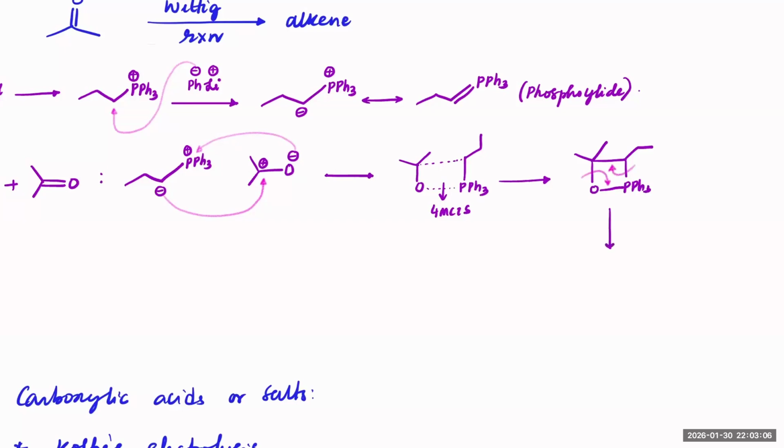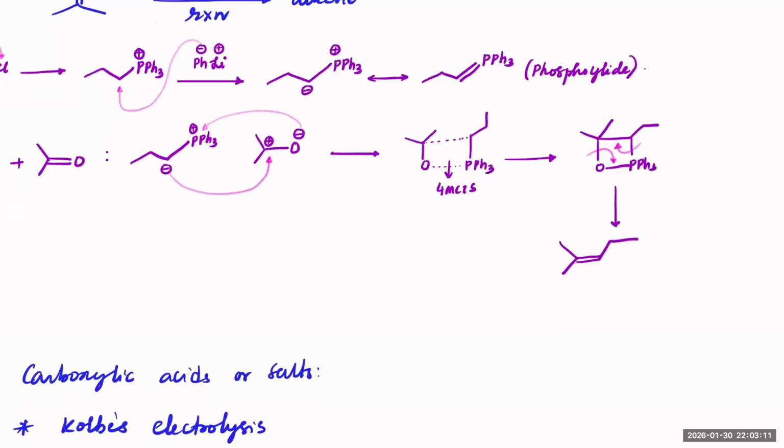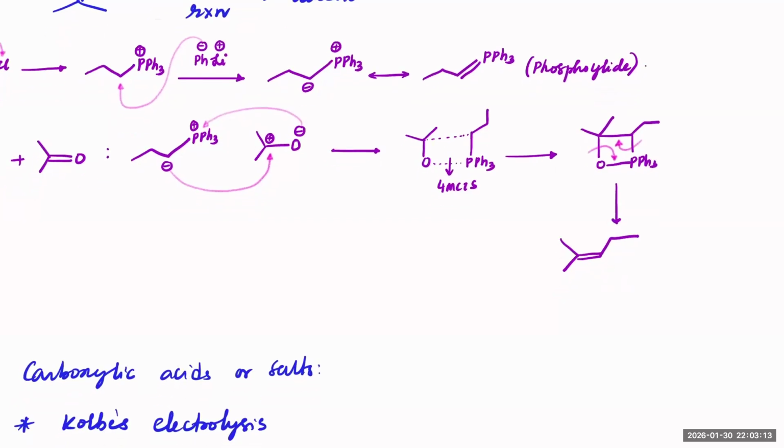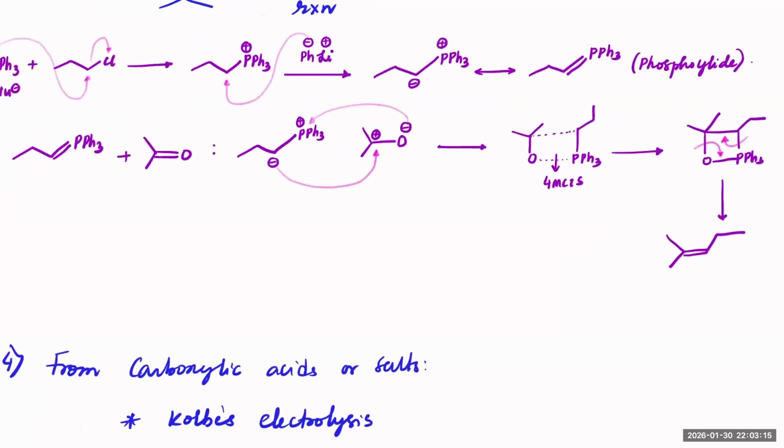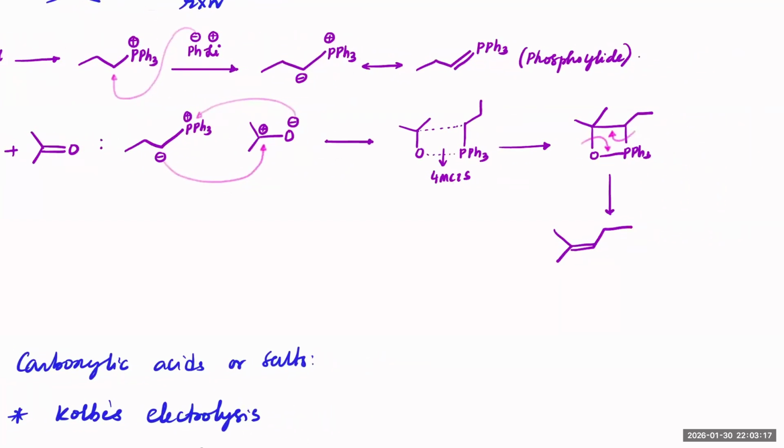So that will make a double bond formation with this ethyl group, with this methyl group. And the other part which is formed is PPh3 with double bond O. So that's how you will get an alkene formation.